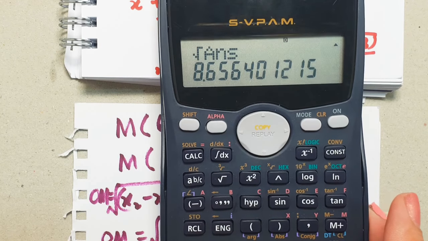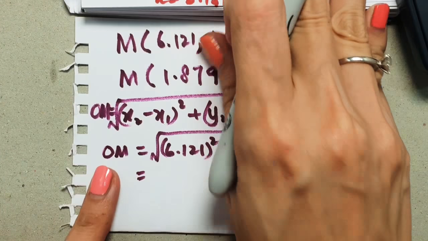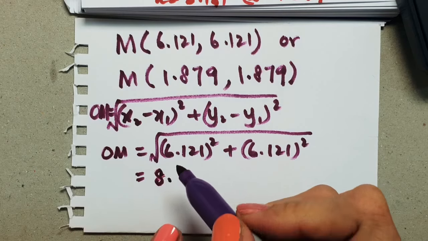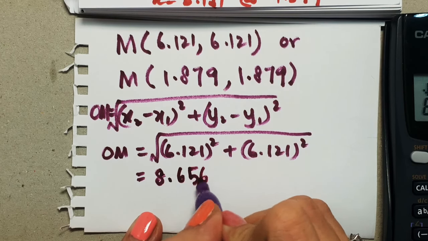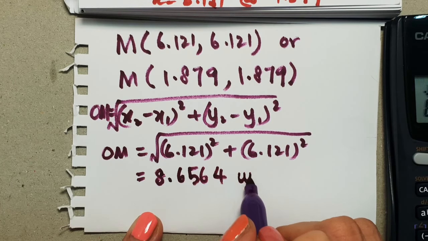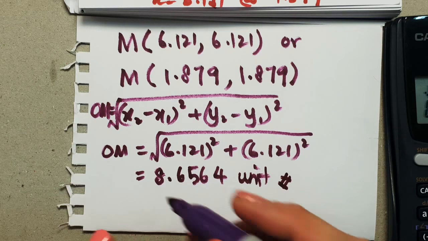We have 8.6564 units. That is the distance of OM for the first part.